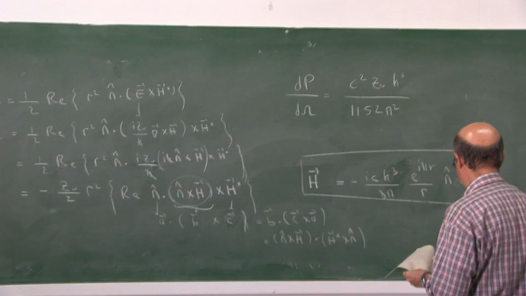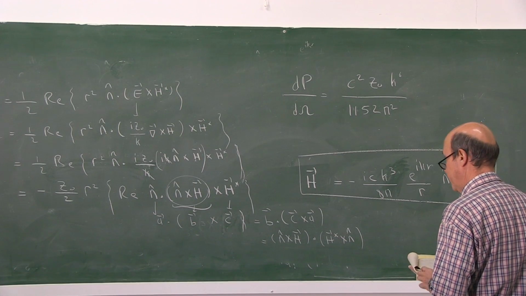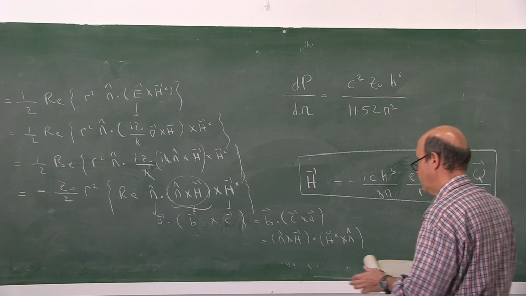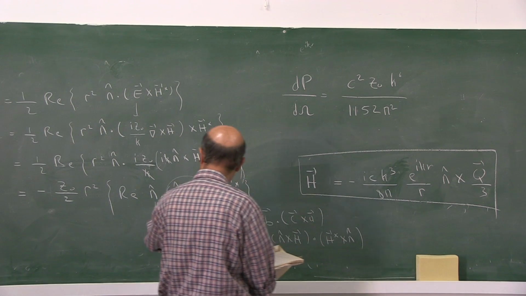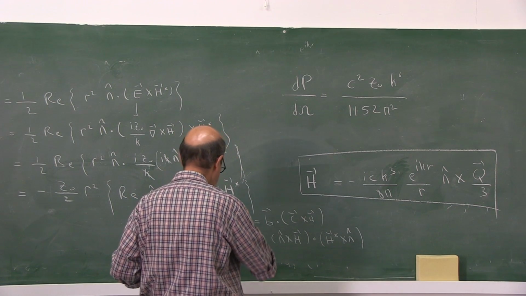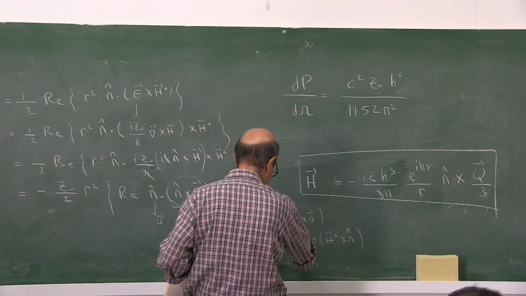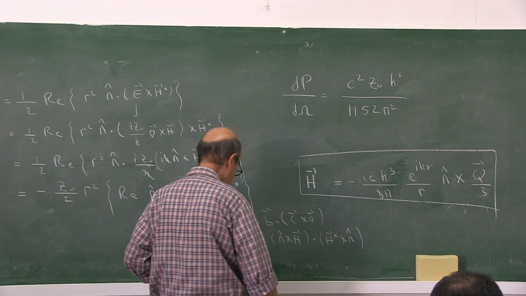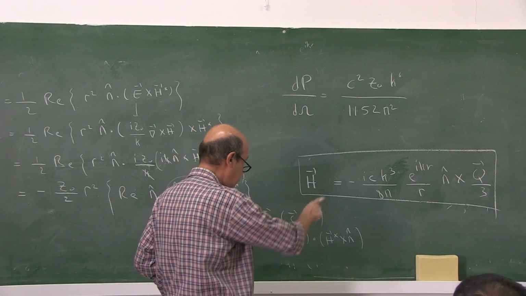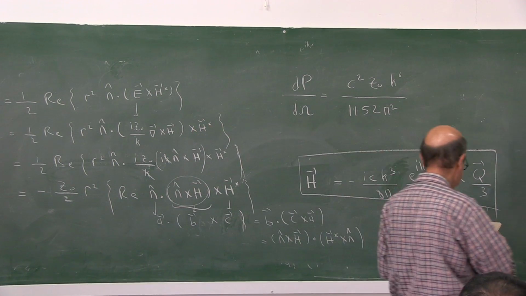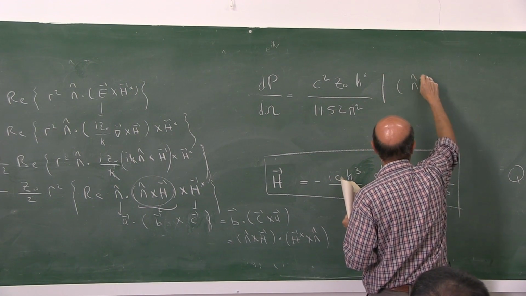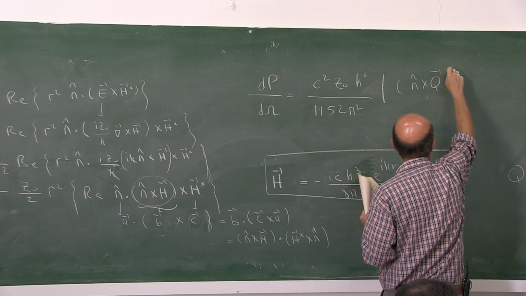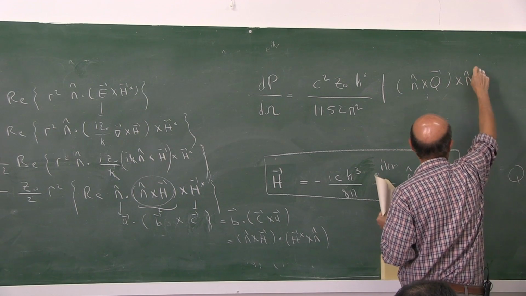N cross Q, and so that should be what? This term is nothing but the N cross H magnitude, and H is related to N cross Q, so that should be equal to N cross Q cross N.